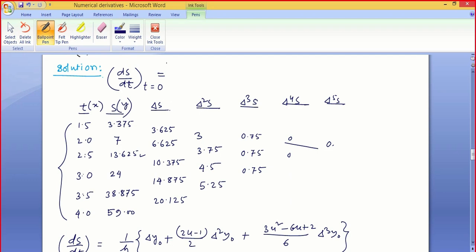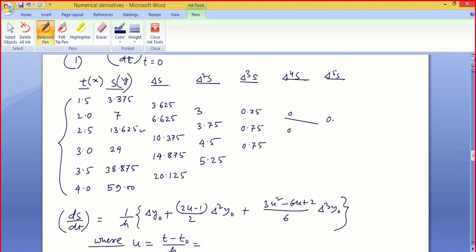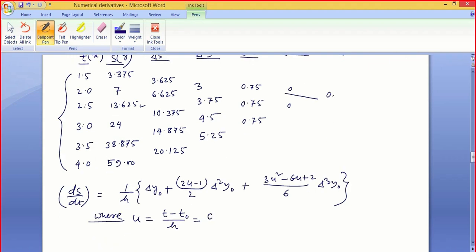For question number 1 we are going to solve, the asking point is t equals 1.5, t0 is the initial value, and h is 0.5, the distance between the t values. So this value is minus 2.